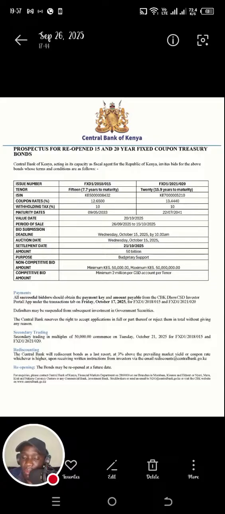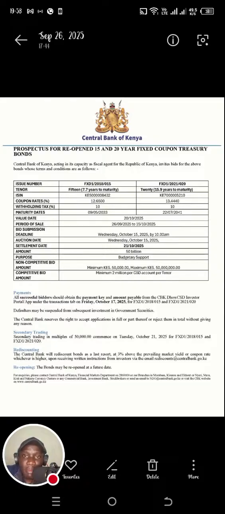So hang around, go with me each and every step. Let me know where it might not be clear so that we can give further explanation, because the motivation is for everyone to understand in case they are interested in investing in treasury bonds, and so that everyone can understand what they are signing up for.